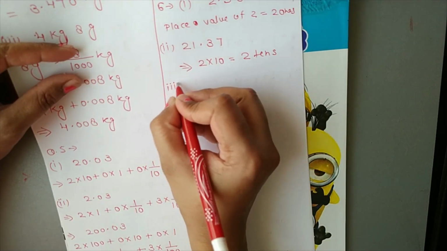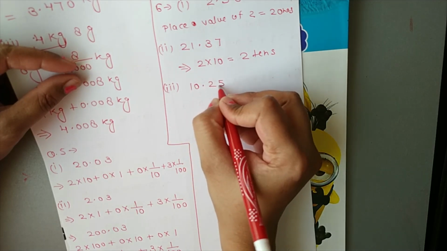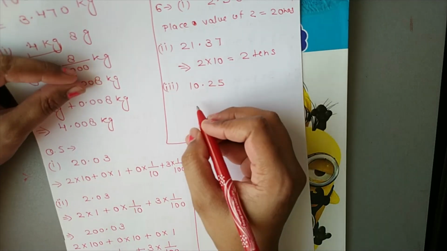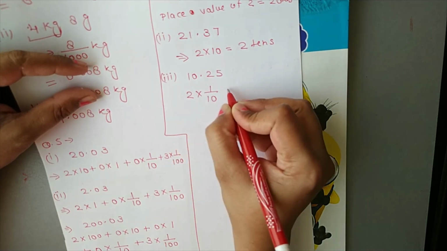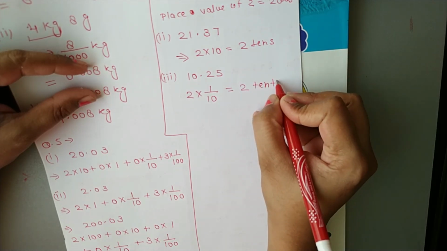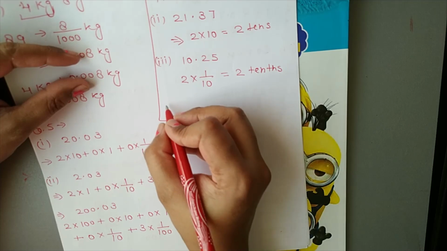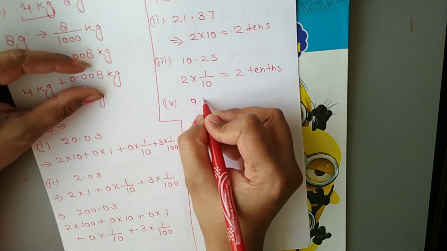Then the third part, 10.25. It will be written as 2 into 1 upon 10, that is 2 tenths. Then the fourth part, place value of 2 in 9.42.